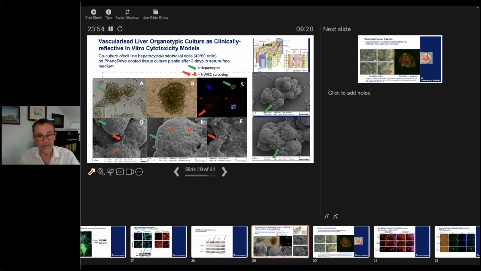These are not stem cells anymore, but cell line hepatocytes, the typical HepG2, that are co-cultured on PhenoDrive together with HUVEC. As you can see here in the beautiful scanning electron microscopy picture, at low magnification on your right-hand side and high magnification in the center, the hepatocytes were forming lobuli-like structures like the ones we find in histology in the liver.